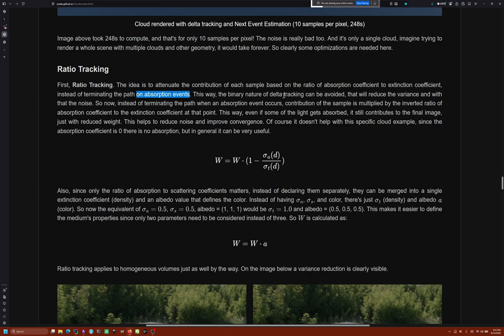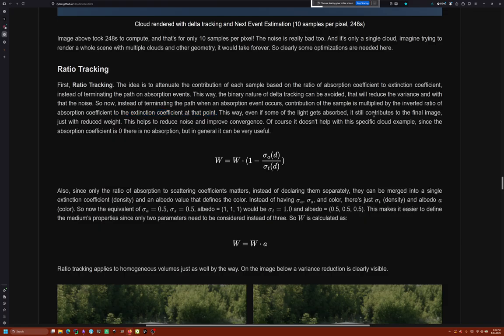So we're avoiding the binary nature of the earlier delta tracking. So now, instead of terminating the path when an absorption event happens, the contribution of the sample is multiplied by the inverted ratio of absorption coefficient. So more or less, the density becomes an albedo term.